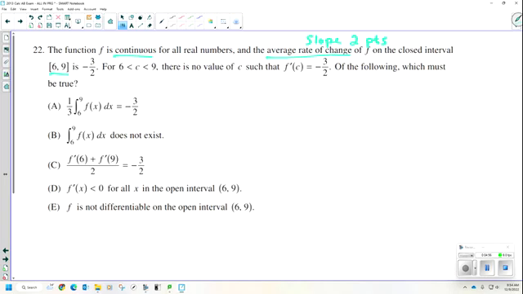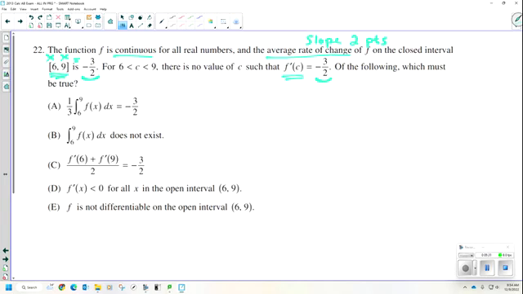These 2 points here, when x is 6 to when x is 9, that's negative 3/2. So it equals negative 3/2. So for some c value between 6 and 9, there is no value for c such that the derivative is negative 3/2. Which of the following must be true?